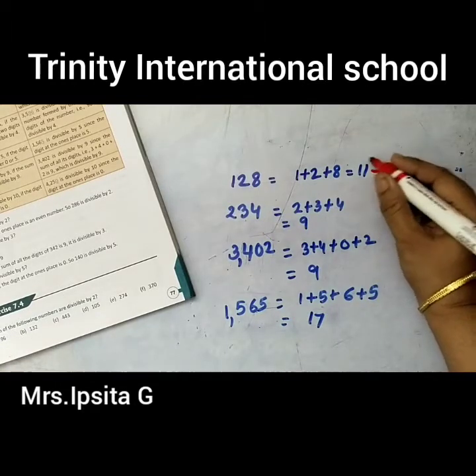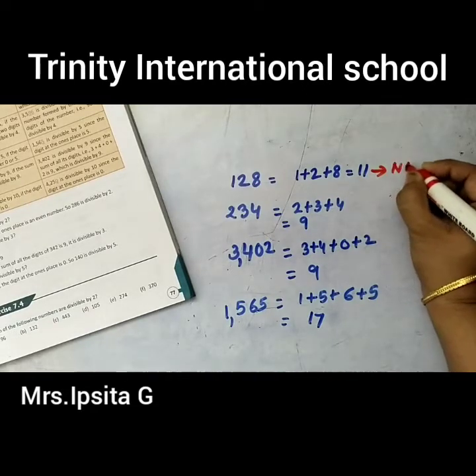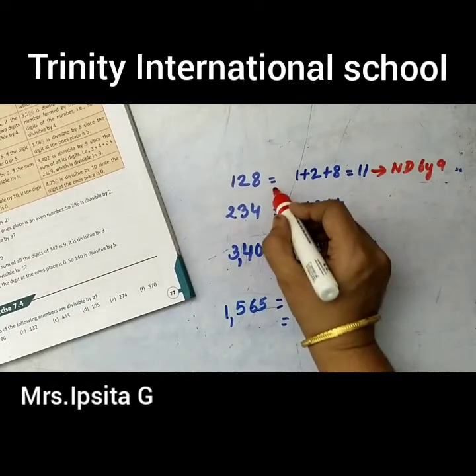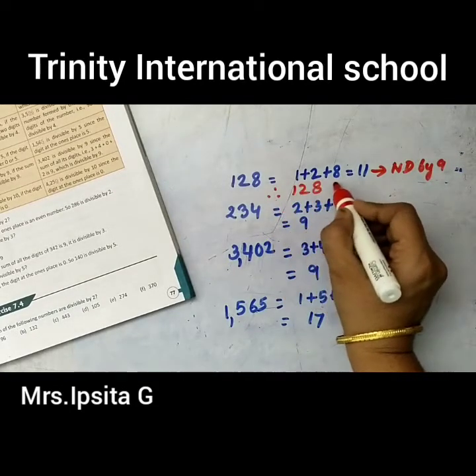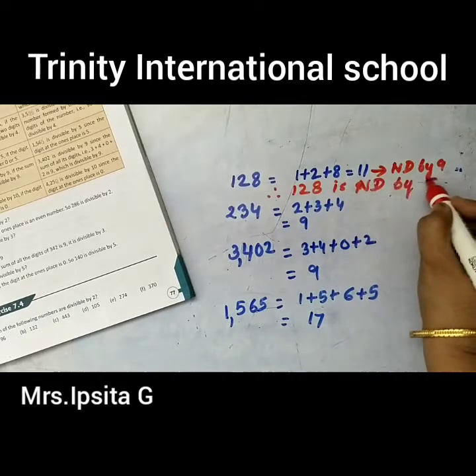So here you see 11 has come, so 11 is not divisible by 9. So this is not divisible by 9, therefore 128 is not divisible by 9.